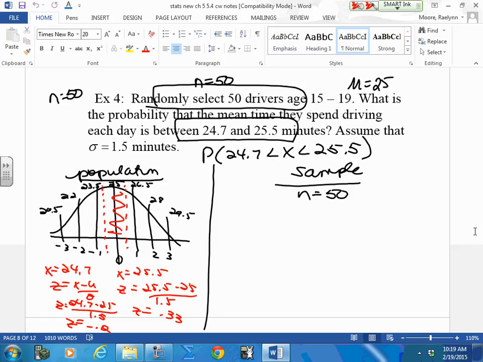So for 0.33, 0.6293. Okay, and for negative 0.2, 0.4207. We could have easily done this in one step in your calculator, but I didn't want to because I wanted you to see the standard deviation. 0.6293 minus 0.4207. What do we get?